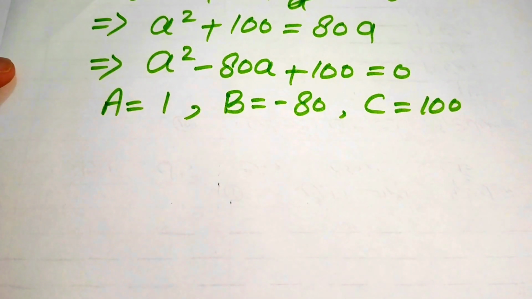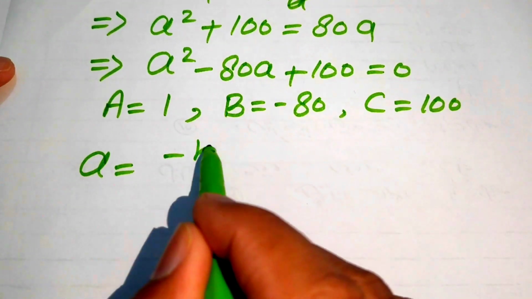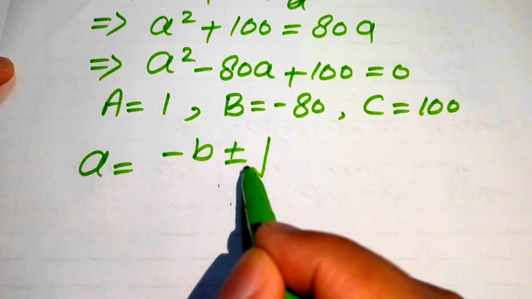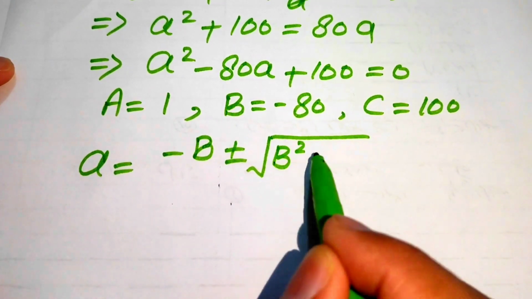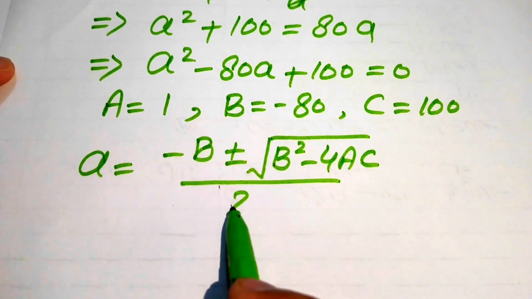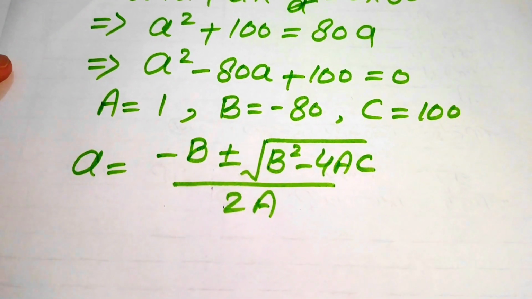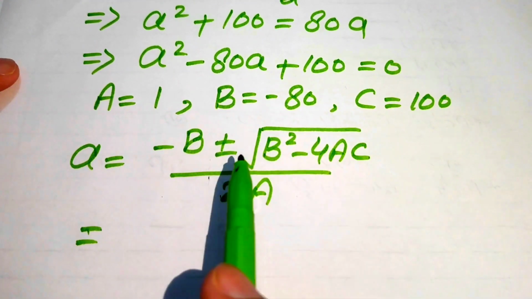Our quadratic formula is written as a equals minus b plus minus square root of b square minus 4ac, divided by 2a. This is the quadratic formula, and we substitute all the values of a, b and c here.